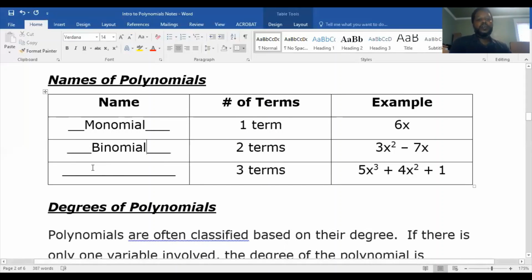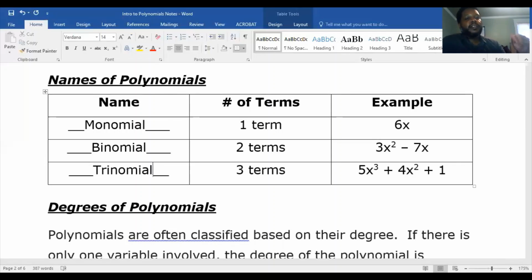Bi means 2. And if it has 3 terms, it is a trinomial. All right, 1 term monomial, 2 terms binomial, and 3 terms trinomial. Right? That's how we get the names for a lot of things, is by using those prefixes bi, tri, and mono.